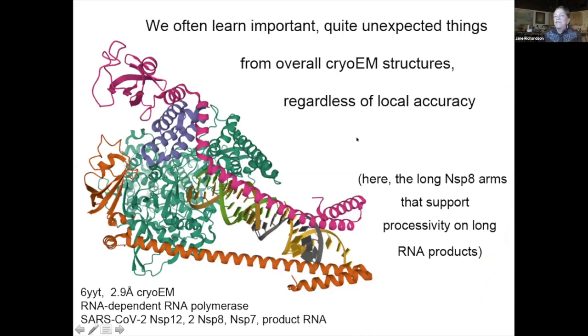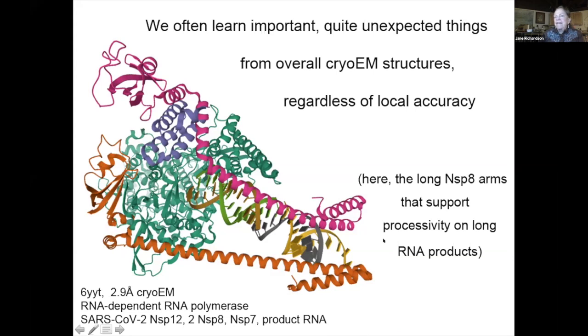So the general idea is that at least if your data is reasonable, then even at very low resolution, cryo-EM is showing us just amazing, surprising, neat things. And one of my favorite examples are these long helices that form on each side of the growing genome of the SARS virus that stabilize their very long genome.